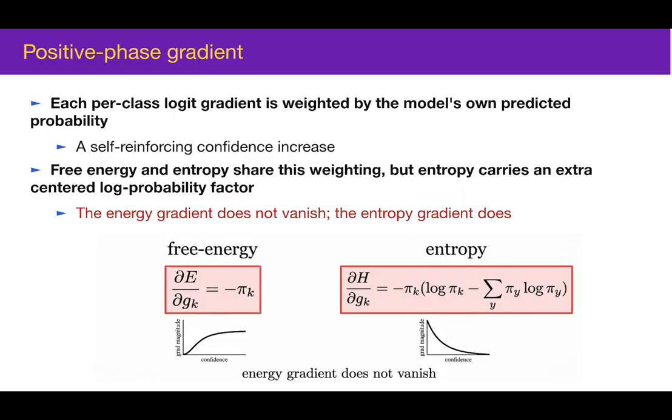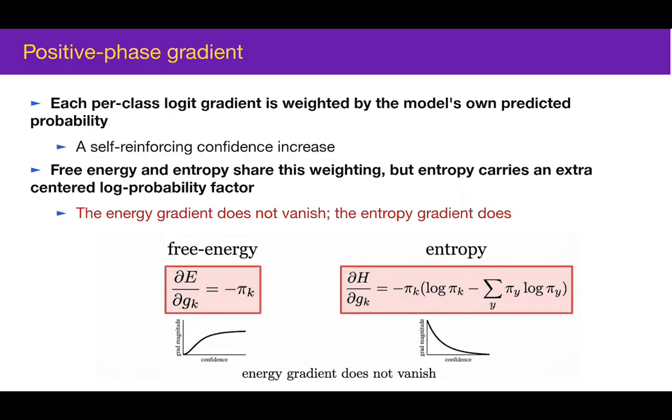This slide is slightly more technical, but the idea is simple. When the model updates, each class gets pushed based on how likely the model thinks it is. This is the gradient, the direction of change. Both energy and entropy share this part. But entropy has an extra term that makes the push shrink to zero once the model is confident.